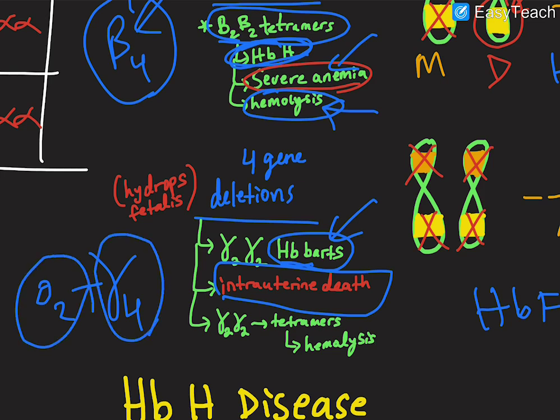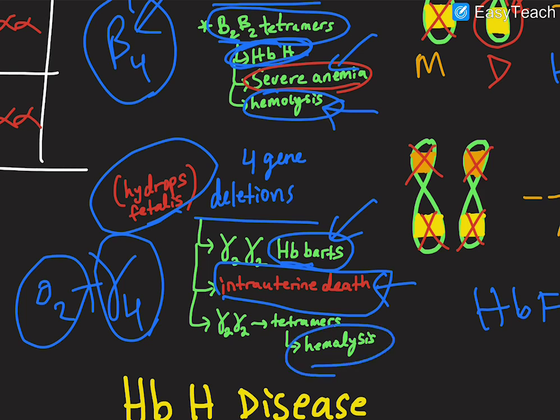They're not going to let it go. So your tissues won't get any oxygen, so it's lethal in utero. You get intrauterine death and edema and whatnot. Another name for this subtype of alpha thalassemia, where you have 4 alpha gene deletions, is called hydrops fetalis. And of course, because you form gamma tetramers, this can again cause red blood cell destruction.